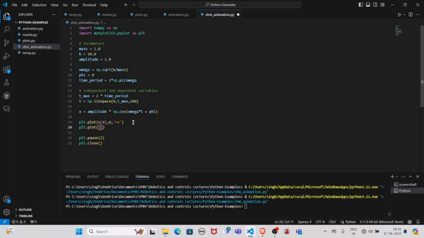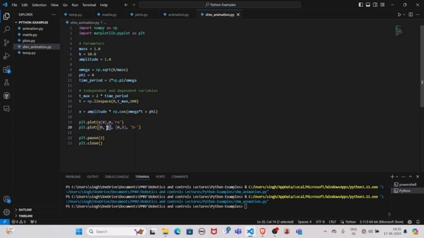For example, let's give it some random points to see how it works: 0 comma 2 and 0 comma 3, and let's give it a color 'b' and dashed line. What this will do is plot a line from 0 comma 0 to 2 comma 3.